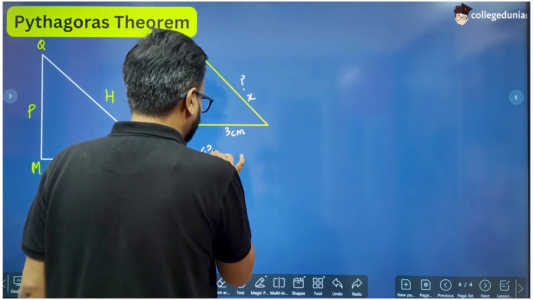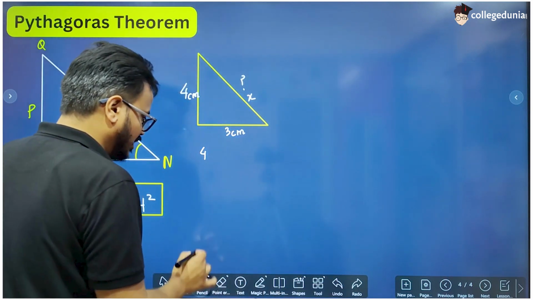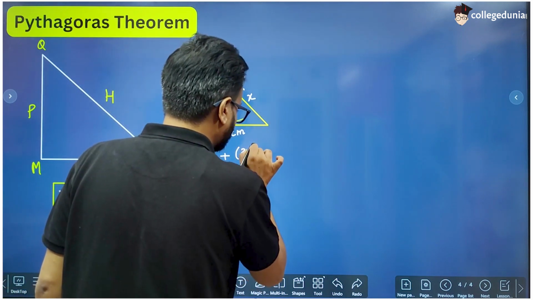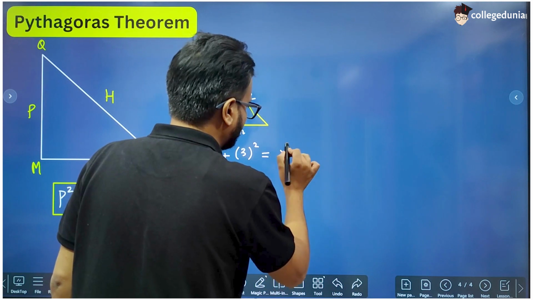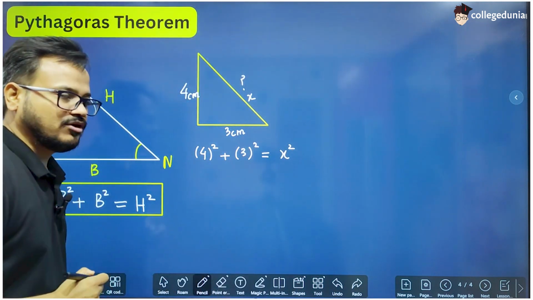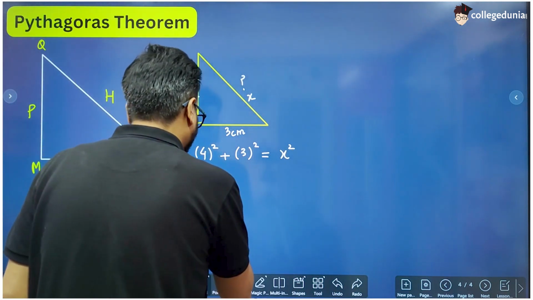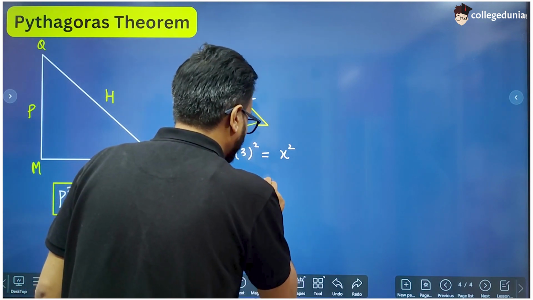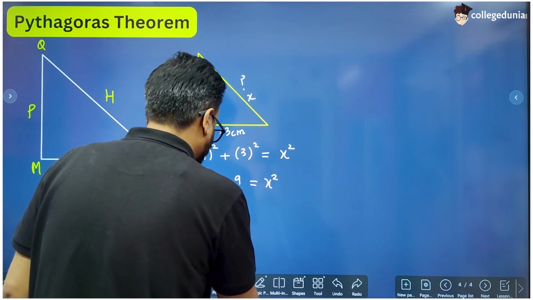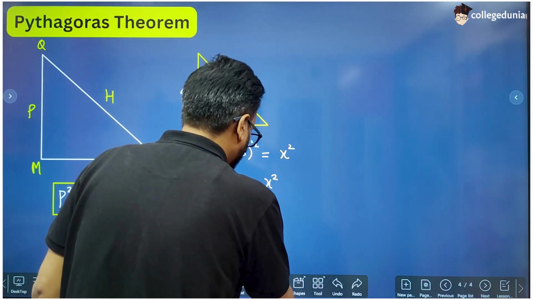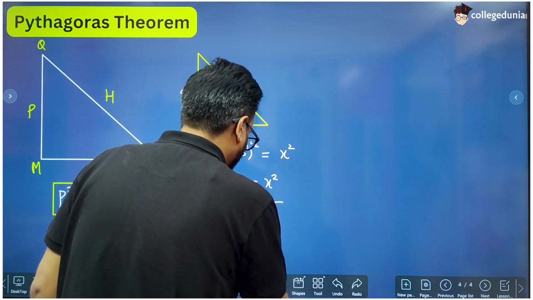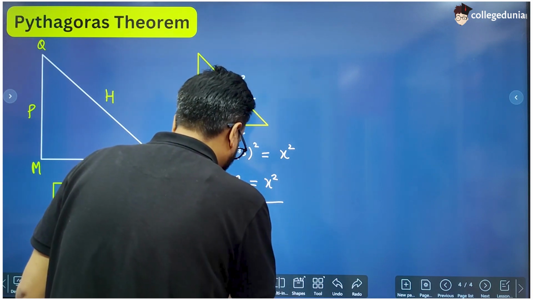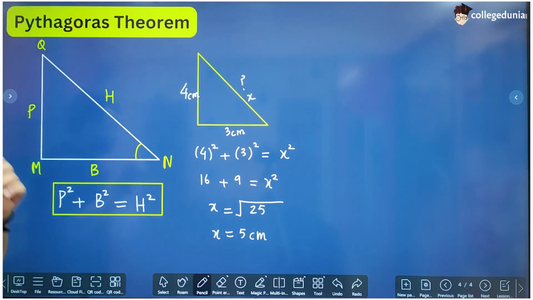The square of the length of perpendicular plus the square of the length of the base is equal to the square of the hypotenuse. So square of 4 is 16, square of 3 is 9, and this is x square. So x is under root 25, which is 5 centimeter. So the length of the hypotenuse is 5 centimeter.